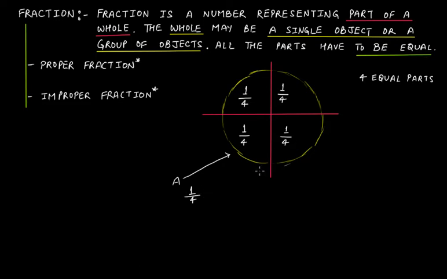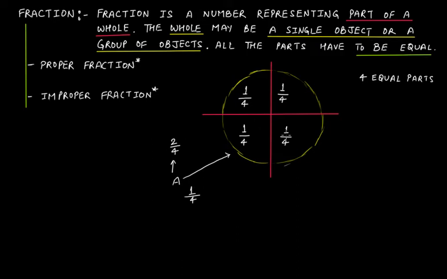If that person says, okay, I have taken this part, now I am going to take this part also, this part and this part, so person A now will say that I have 2 equal parts of this pizza. So he will say that I have 2 by 4. This 1 by 4 tells what A is having: one part of this fraction.